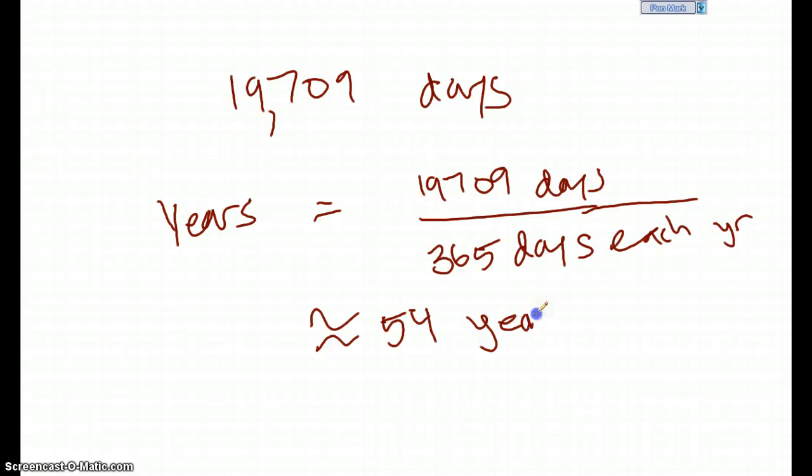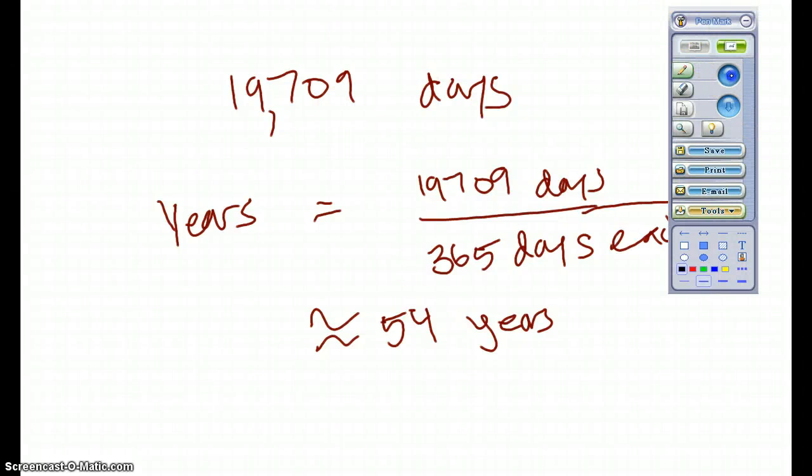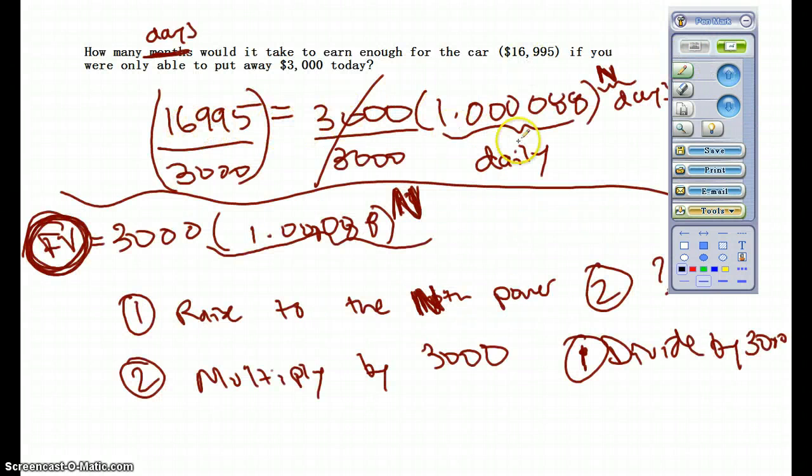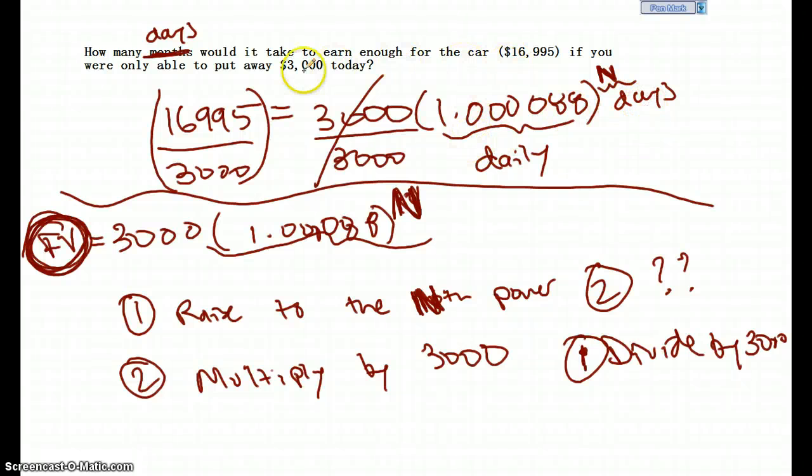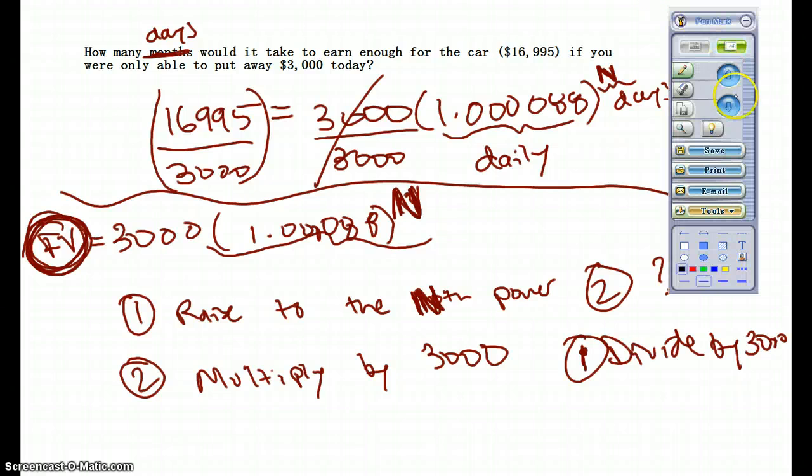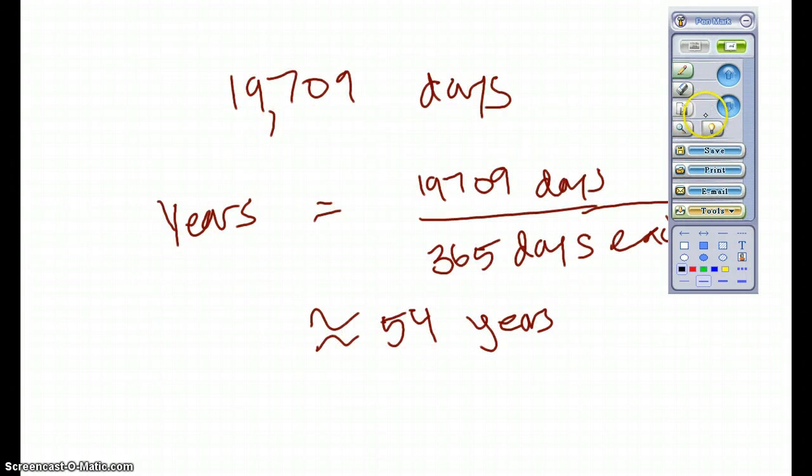That's a long time. So this tells us that at a growth rate of 3.2%, in order to convert $3,000 into almost $17,000 at this small yearly rate, I would have to basically invest my money for almost the majority of my life to do that.